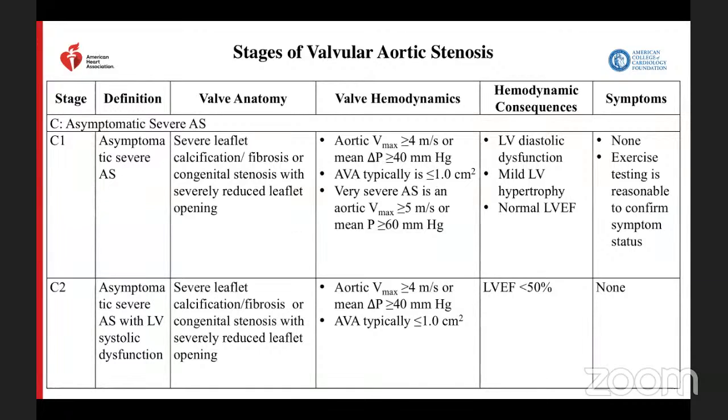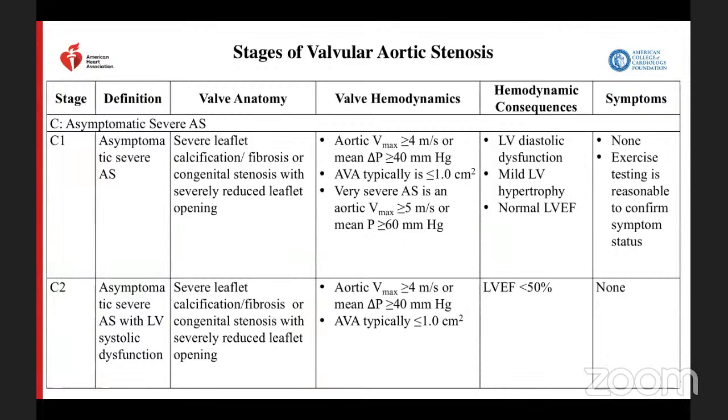The aortic valve area is typically less than 1 centimeter, and very severe AS is an aortic valve maximum velocity of more than 5 meters per second or mean gradient of more than 60. The patient will have hemodynamic consequences of that, LV diastolic dysfunction, mild LV hypertrophy, and maybe a normal LV ejection fraction. The patient may come with no symptoms, or when exercise testing is done, it may confirm if any symptoms happen at that time.